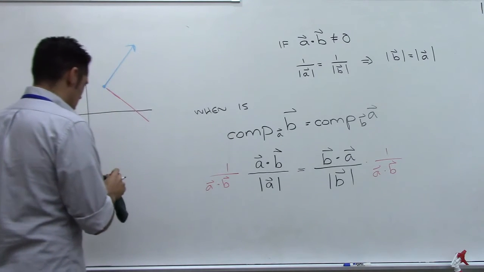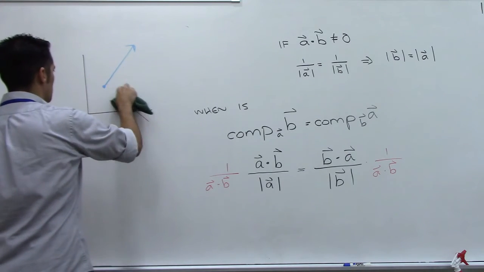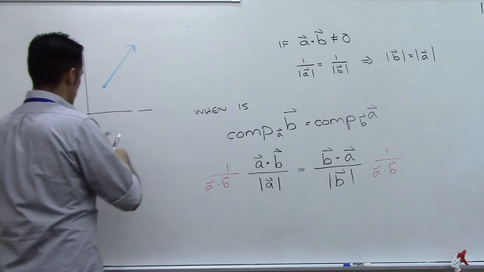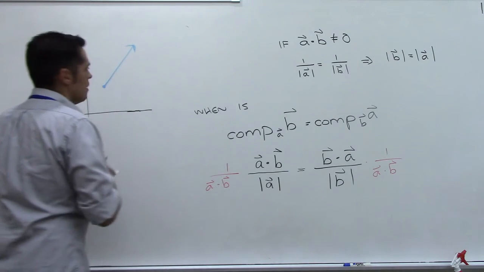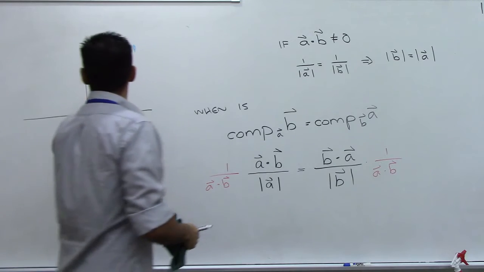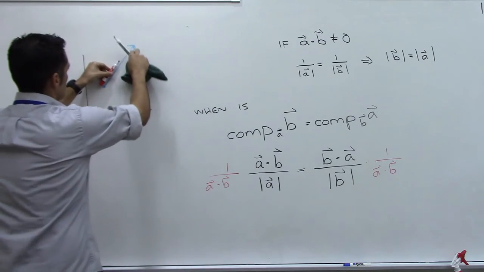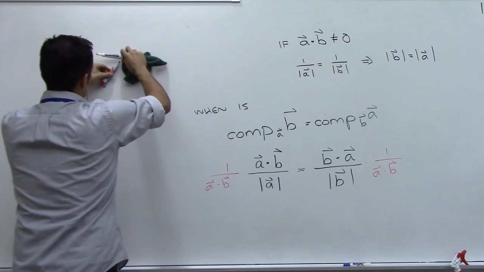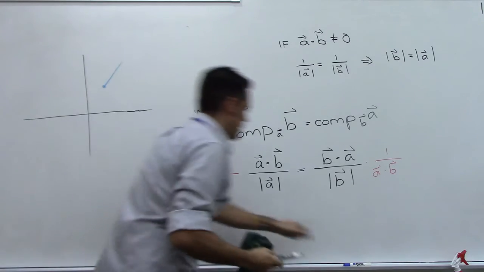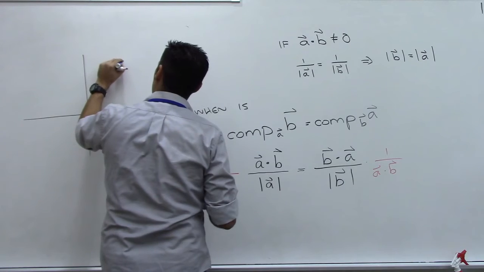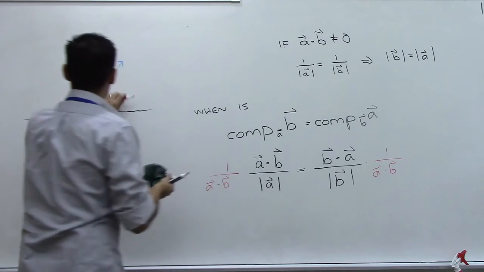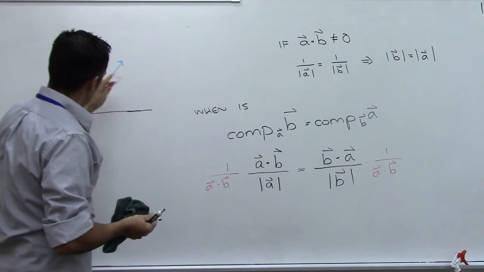Assuming I cannot make a right angle, then I'm saying that the lengths have to be the same. Let me make this a little more accurate. I'll make this exactly one of these pins, and then I'm going to do another pin, so somewhere around there.